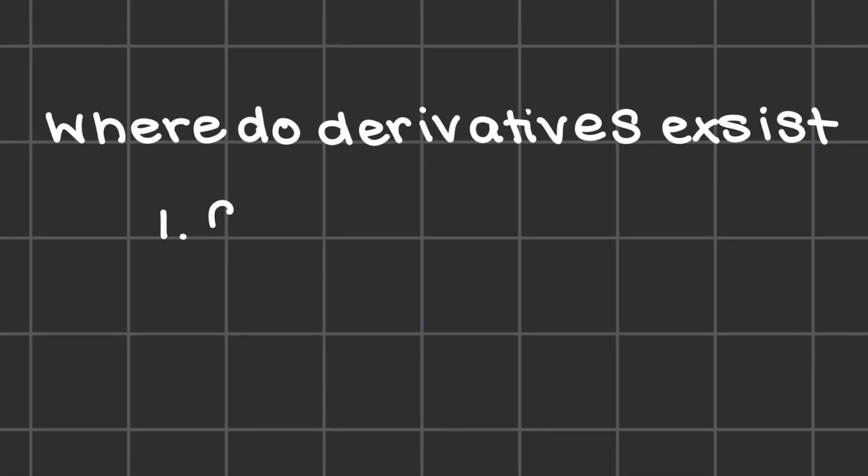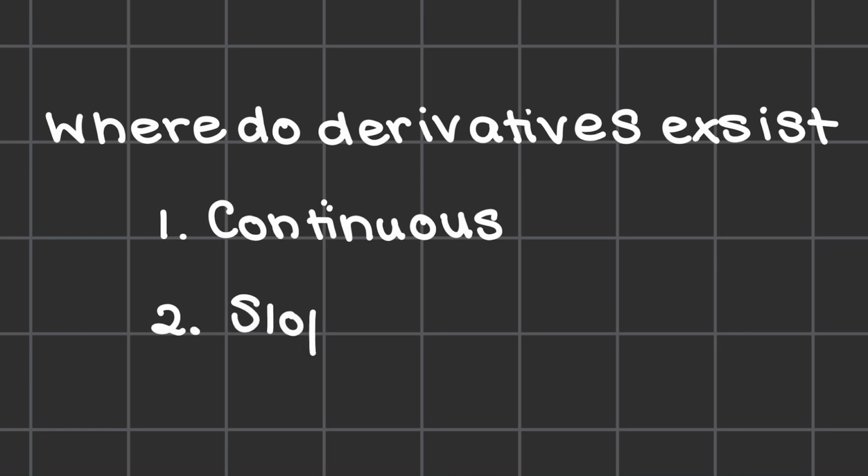First, the function must be continuous. And second, the slope just before the point is equal to the slope after.